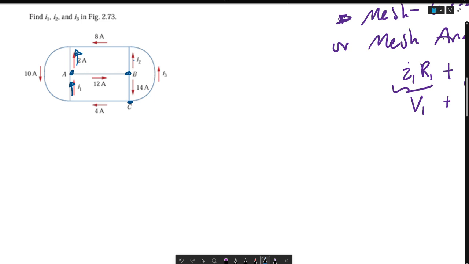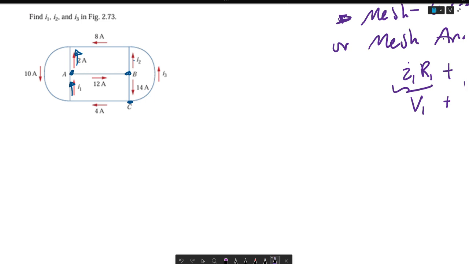But sometimes, depending on how someone learned KCL, they might use the reverse convention, where the current coming in is a positive current and the current leaving is a negative current. You might want to understand that using both methods will get you the same results.